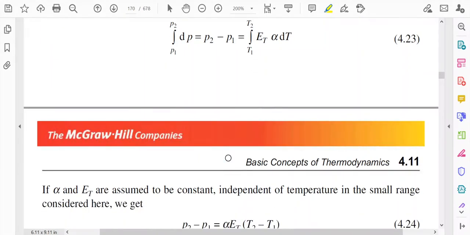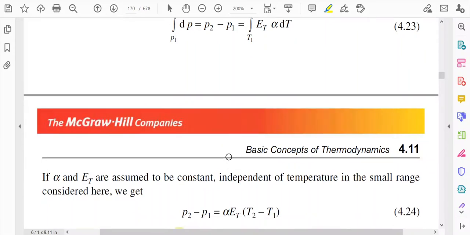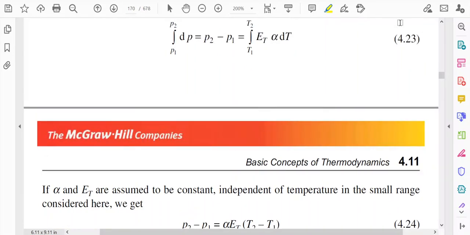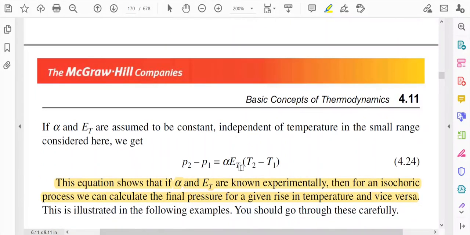If we assume that the temperature range is very small, then equation 4.23 we can write in this manner, that is P2 minus P1 is equal to alpha ET into T2 minus T1.